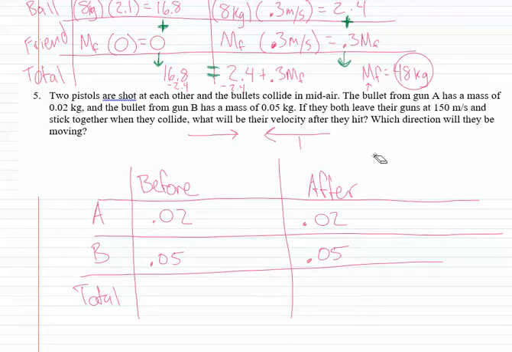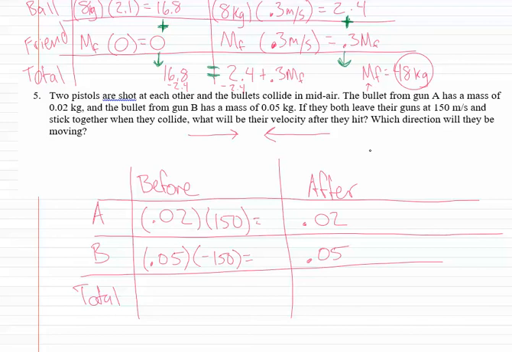It doesn't matter as long as you stay consistent throughout your problem. So I'm just going to say that bullet A is the one moving in the positive direction. So it's going to have a velocity of 150. And then bullet B, of course, because it's moving in the opposite direction, has to have a velocity of negative 150, since it's in the opposite direction.